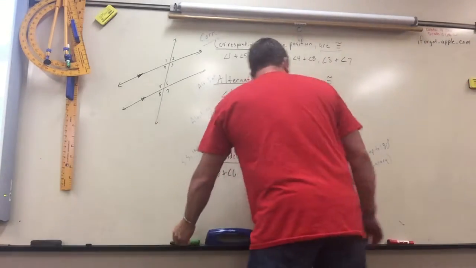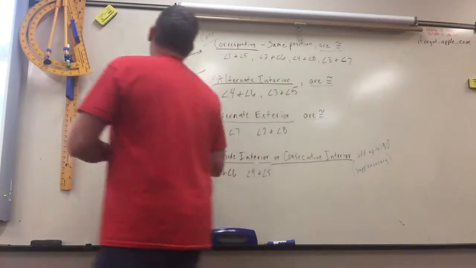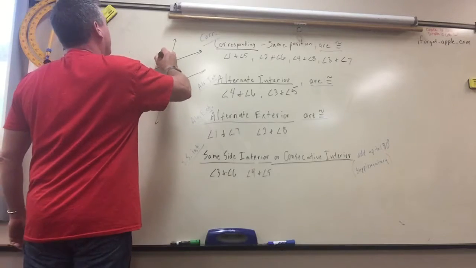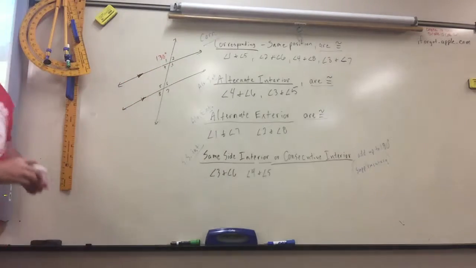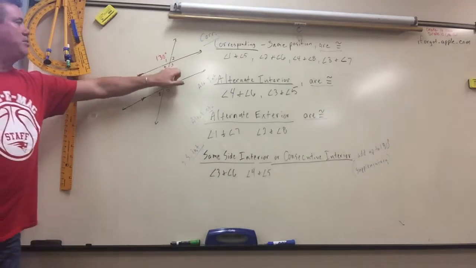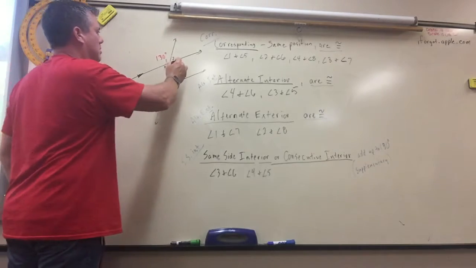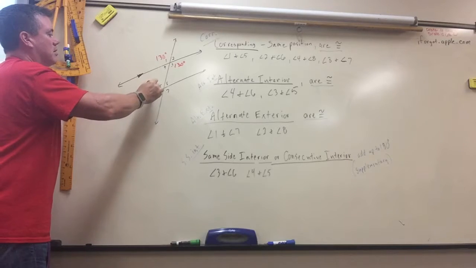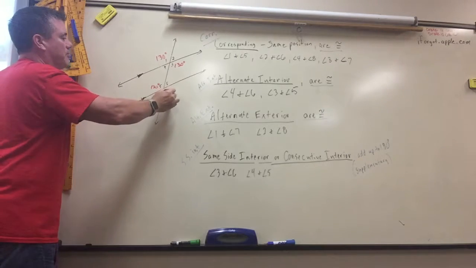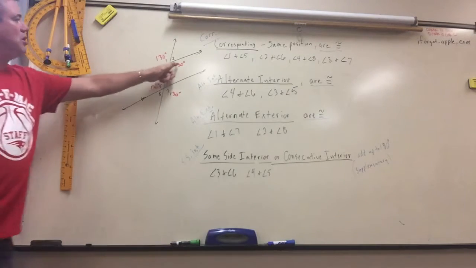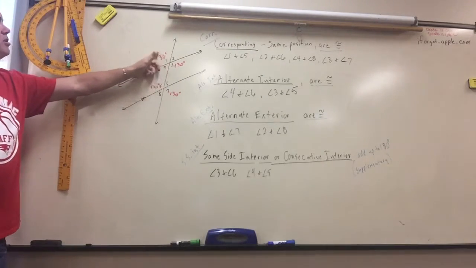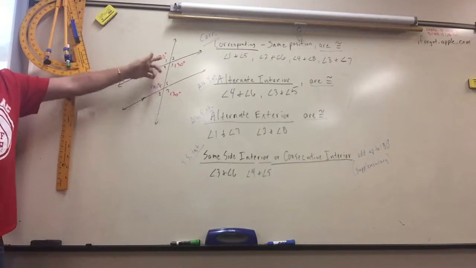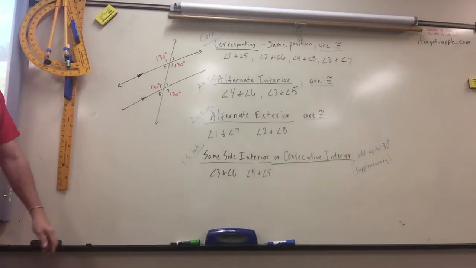So like I said, any 2 angles, if I pick angle 1 and say it's 130 degrees, angle 3 is vertical, angle 1 is corresponding, 7 is vertical, which shows that it's true. Alternate interior are congruent, alternate exterior are congruent, corresponding are congruent.